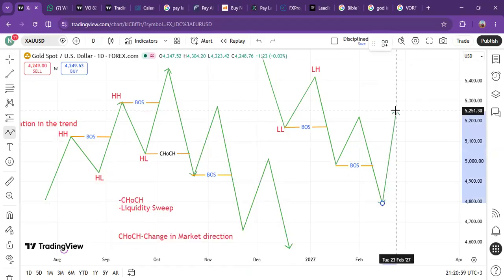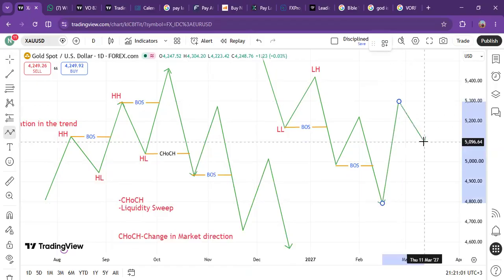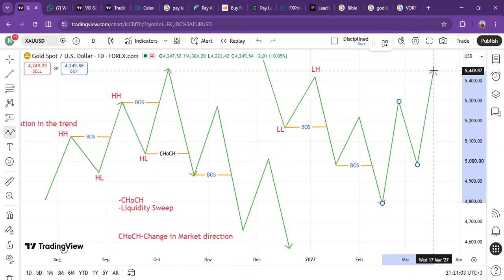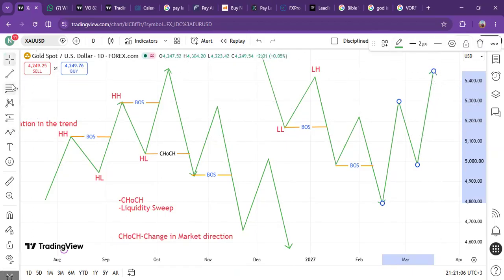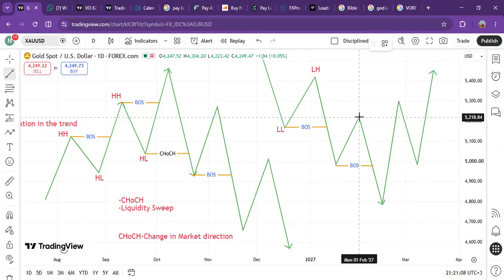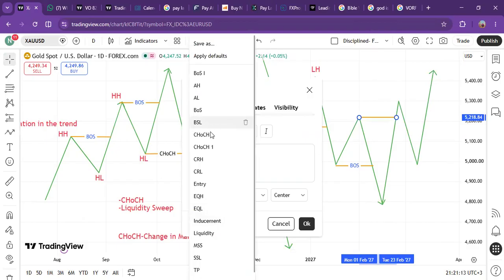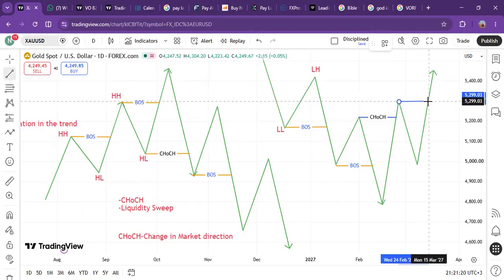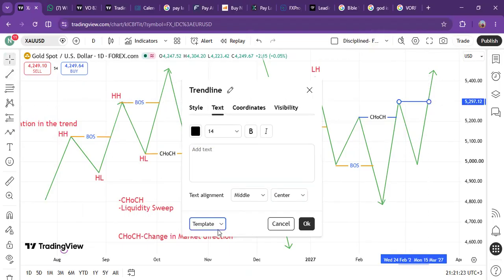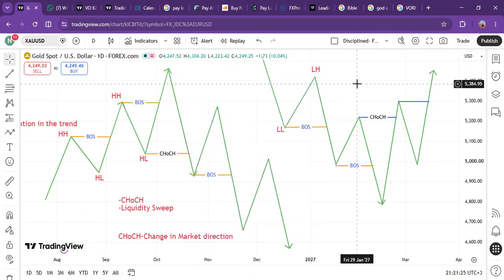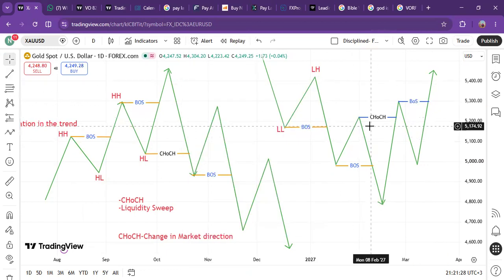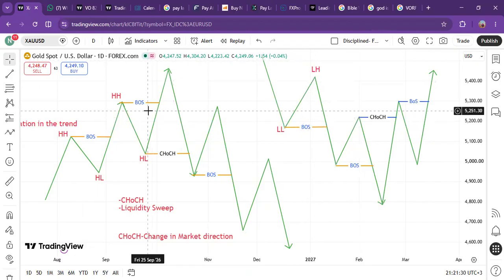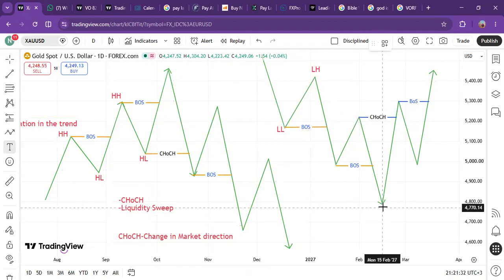If the market closes above here and does something of that sort, whereby we have a change of character here, and the market should give a valid break of structure. Okay, so this now tells us that we have already shifted, and now we are looking for buy positions.